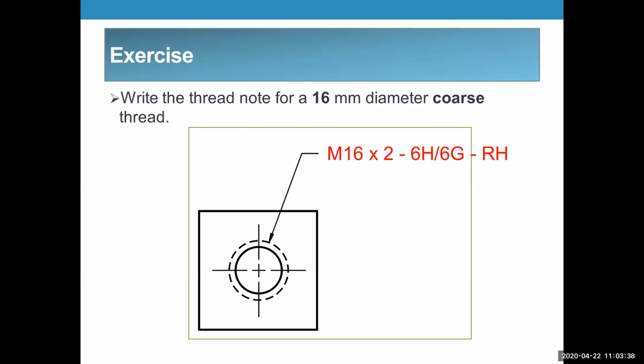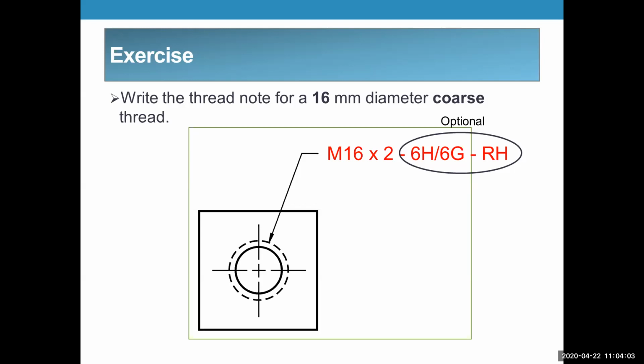Because I think this is going to be the last slide for the presentation right here. Again, this information is optional as long as we know that we're just going with the default tolerance class, and that it's defaulting to a right-hand thread.